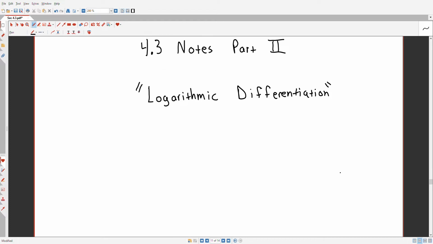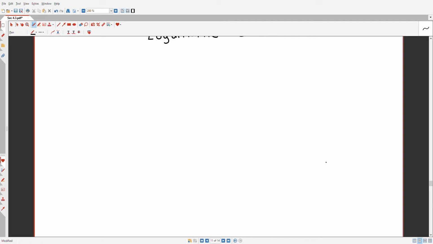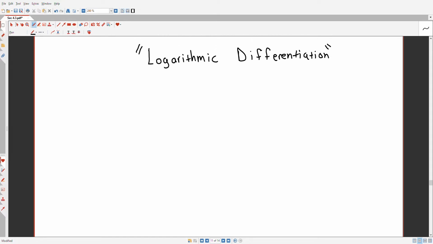Okay, so what is logarithmic differentiation? Let me just write my own sort of version of what this is. What happens with this technique, you start with a function, and I'm going to insert an adjective here.